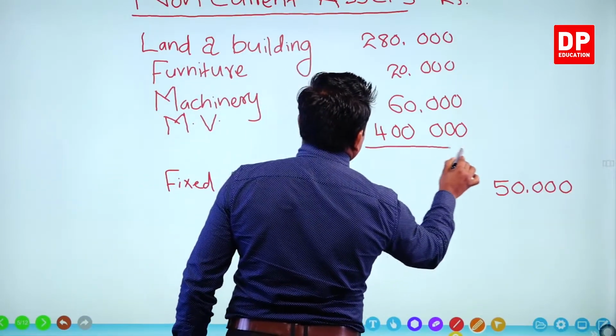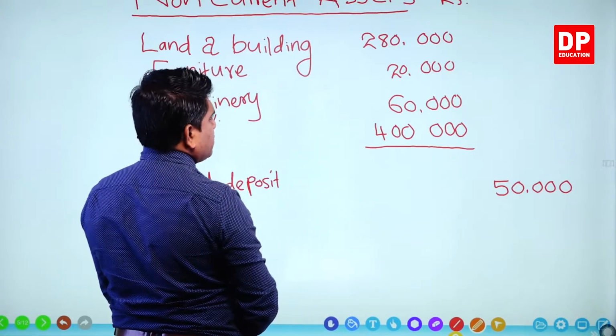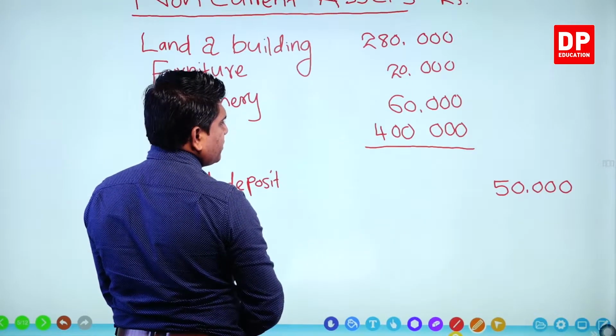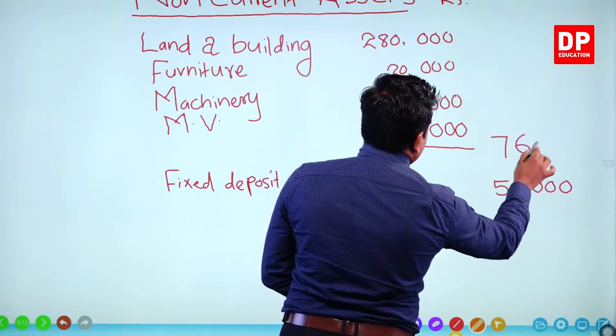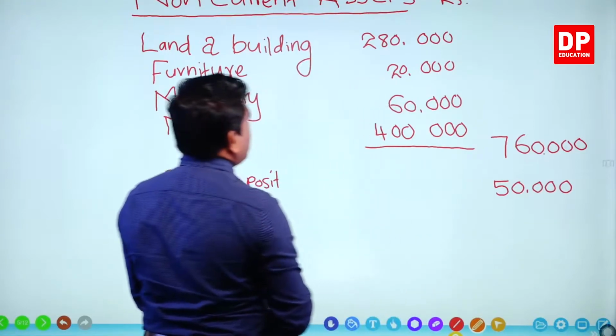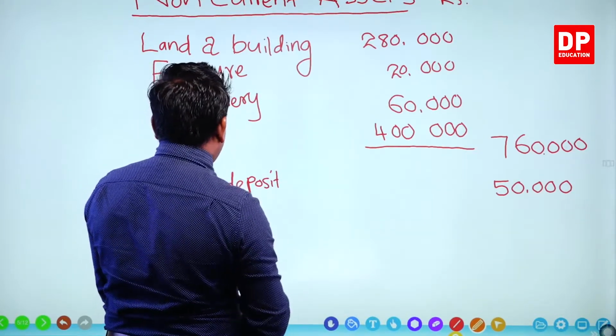Then we get the total here. How much? 280 plus 20, 300,000. 300 plus 400, 700. Then 760. Down you can say fixed deposit.